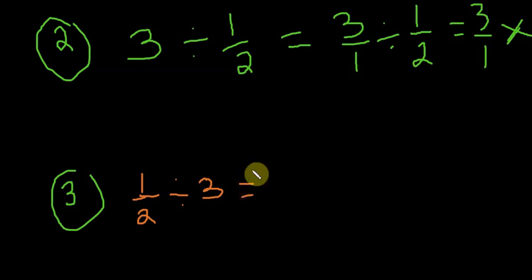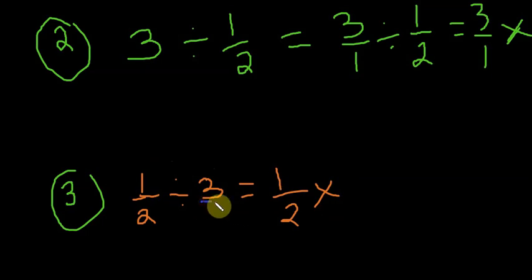To work this one out, we change the division sign to multiplication. Remember, we cannot do operations with just the whole number in a fraction. Always make sure you change the whole number to a fraction.